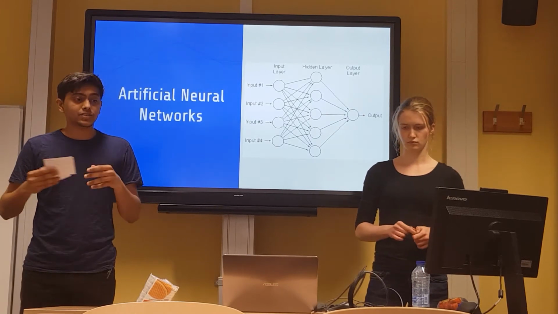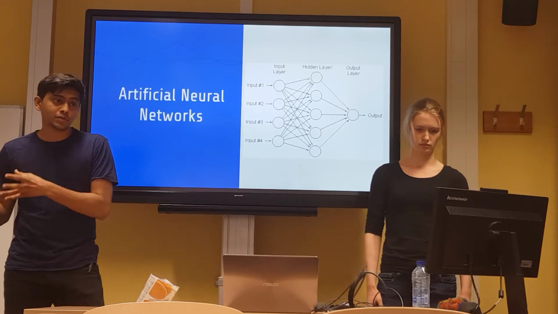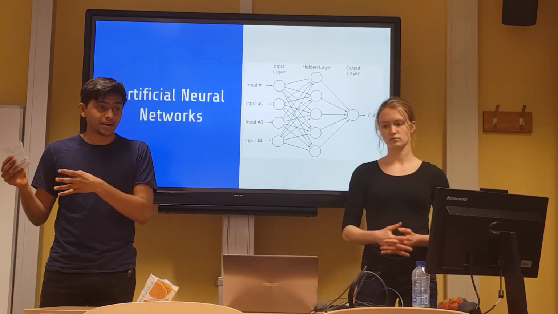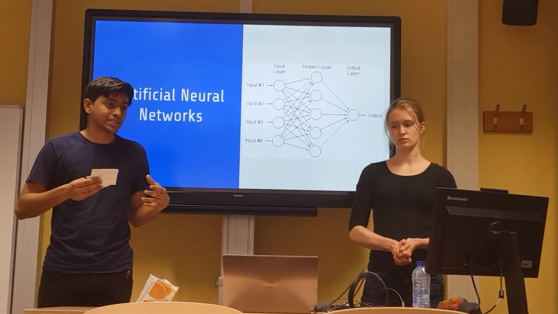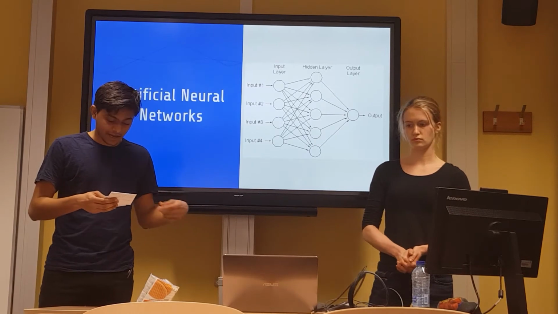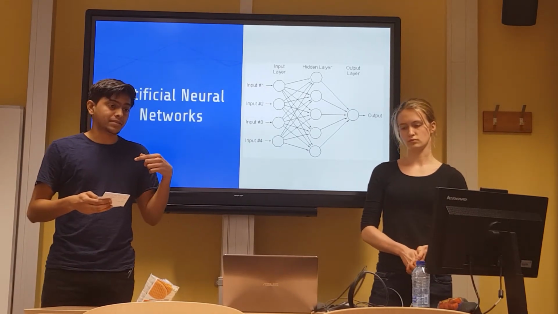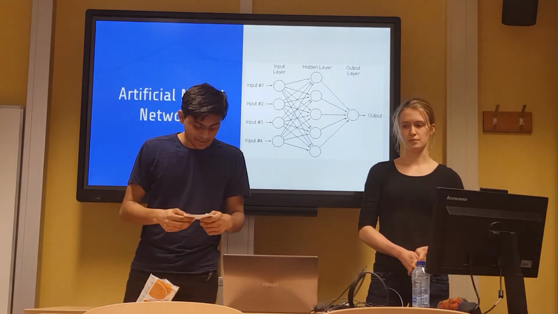Then they check whether the output was the desirable output or near the desirable output. If it wasn't, then all the weights are recalibrated, it back propagates, and the loop continues again.